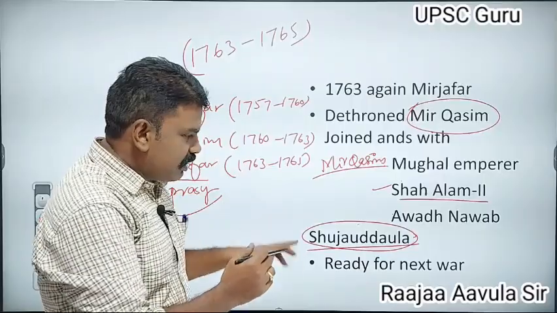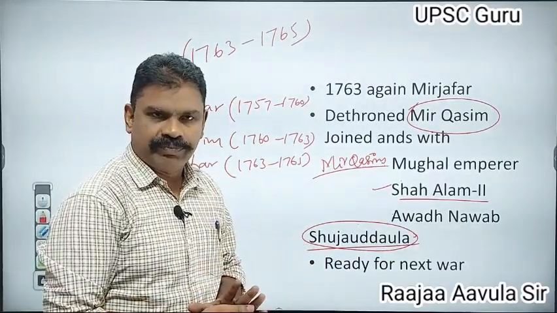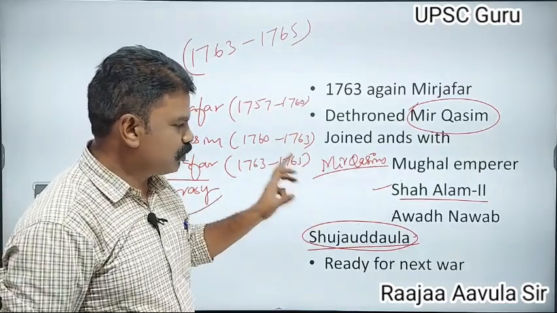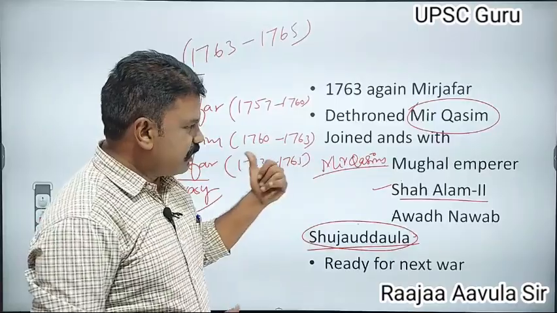That led to the next war, the Battle of Buxar. Mir Qasim, Shah Alam II and Shuja-ud-Daula on one side, and the British on the other.